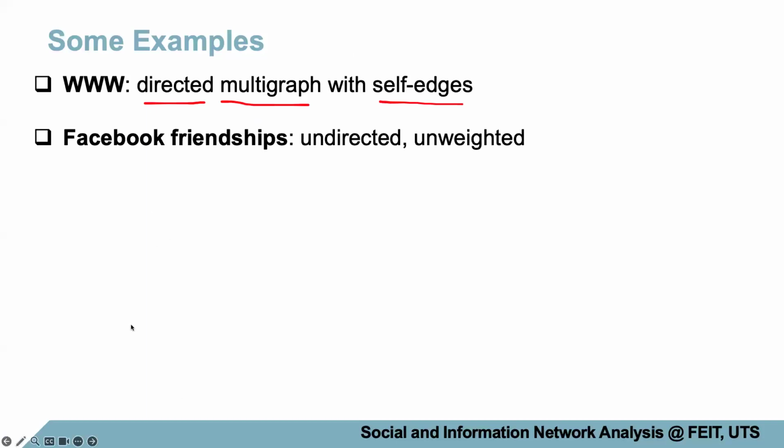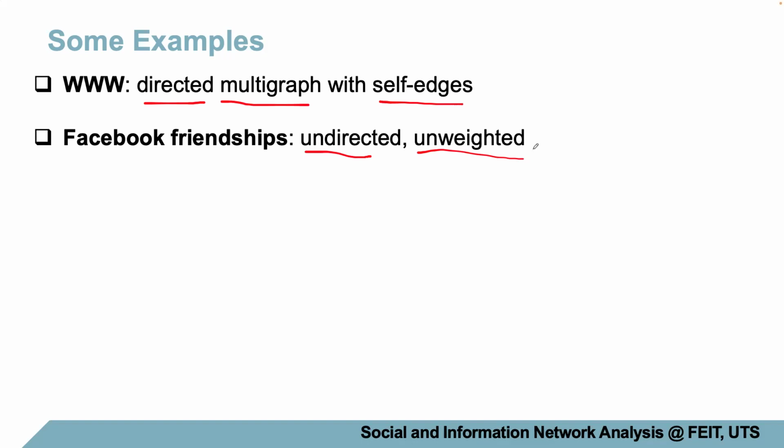Next example is Facebook friendships. It is undirected, because a friendship between two individuals is a mutual relationship. So it's an undirected graph, and it can be an unweighted graph if you just mean they have a relationship, they are friends. But that depends on your definition in your application.